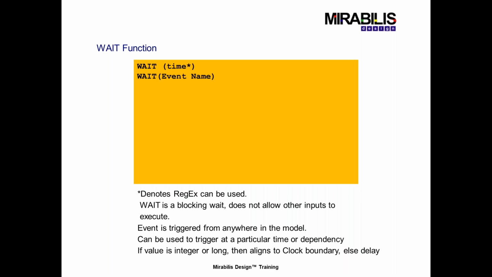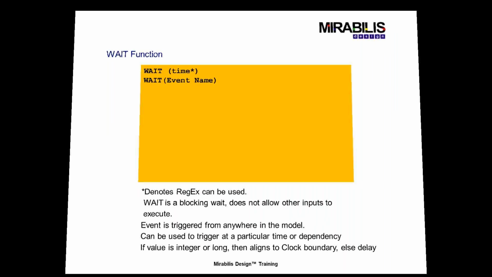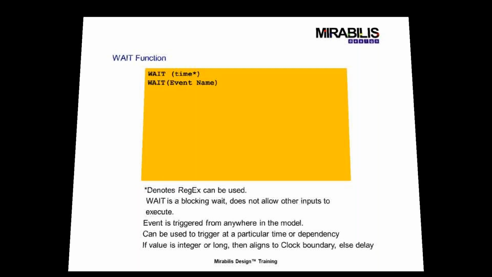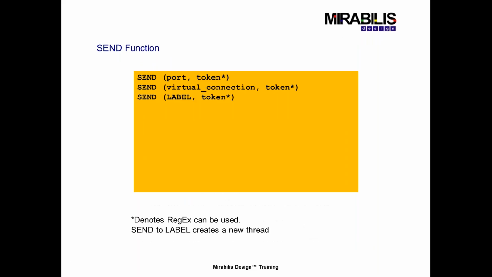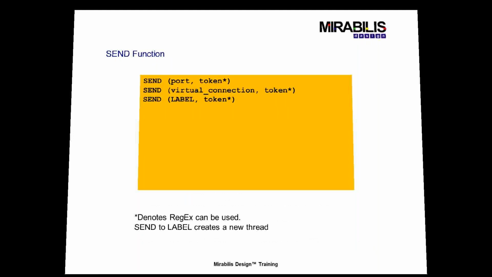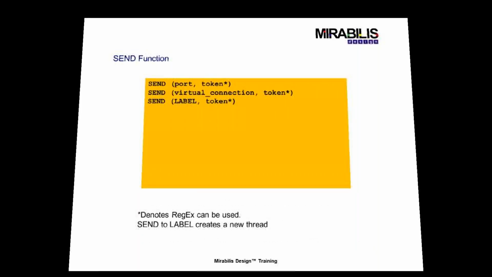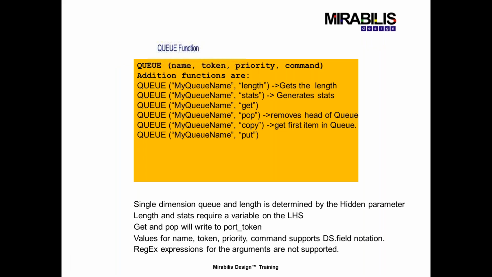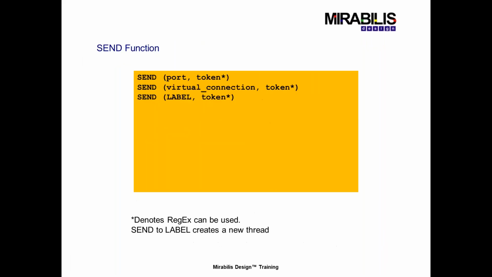The next one is the send function. This serves two purposes. One is that it sends to other places within the block, or on a port, or some other block. But in addition, when it sends to a label, this creates a separate thread. What that means is you can have multiple individual threads within a single script that all run independently, and they can all run concurrently.